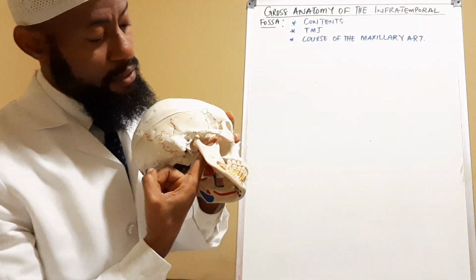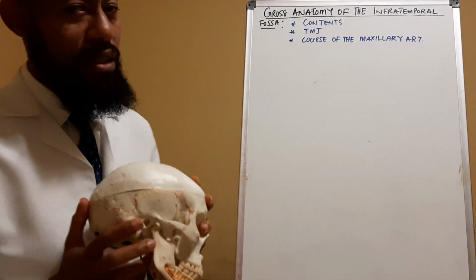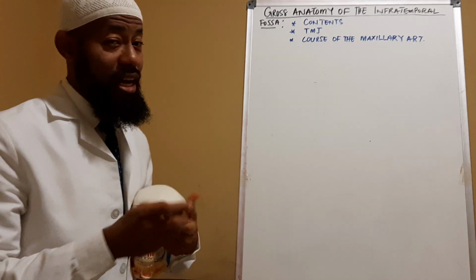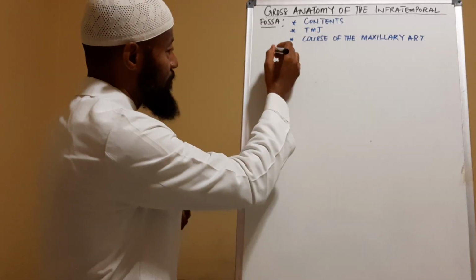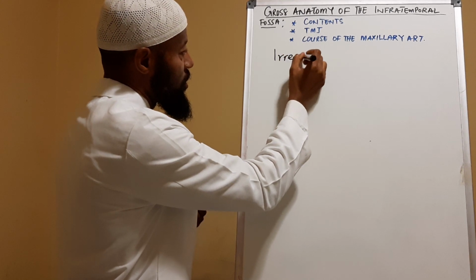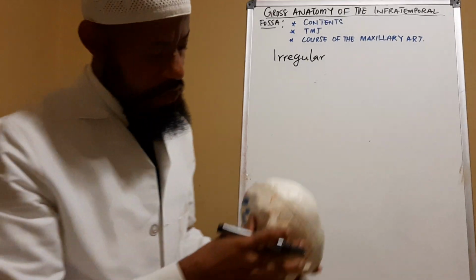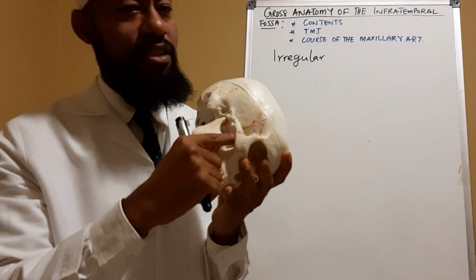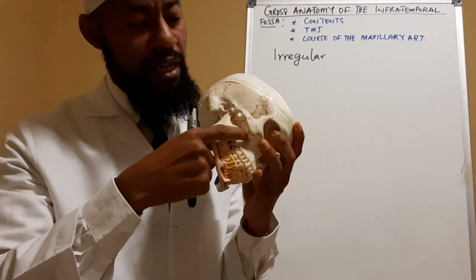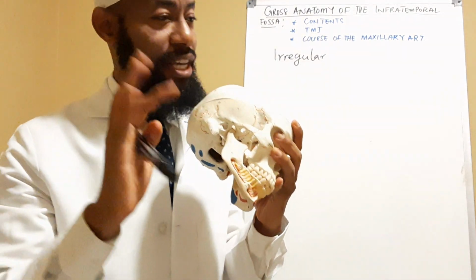From the definition, it is irregularly shaped. It doesn't look like a square, a rectangle or a triangle, but it is just irregular in shape.